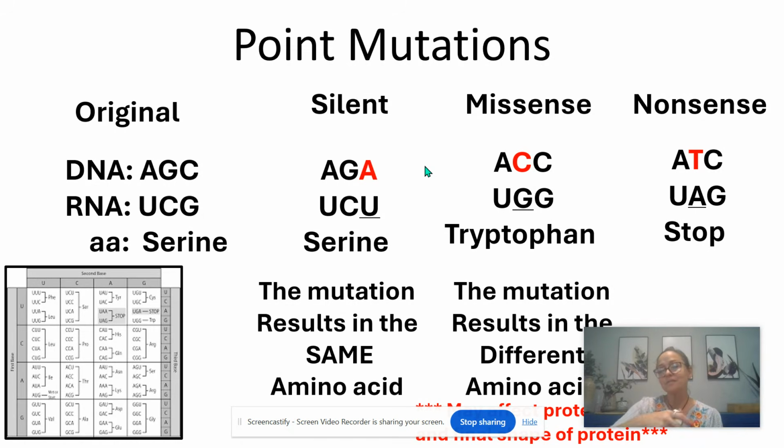But that protein doesn't fold the same, or possibly doesn't fold the same, if the amino acid has a different chemical property. And then there are nonsense mutations, where a nonsense mutation creates an early stop codon. An early stop codon is significant because as the ribosome is reading the messenger RNA codon by codon, it will stop early and that protein won't be finished.